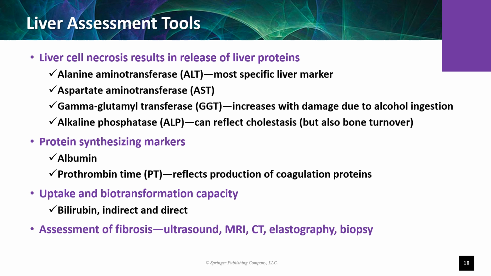Increases in indirect bilirubin are usually related to hemolytic anemia. Increases in direct bilirubin are a result of the inability of hepatocytes to eliminate bilirubin or of blockage of the bile ducts. The gold standard diagnostic tool to evaluate tissue injury and fibrosis is the liver biopsy.